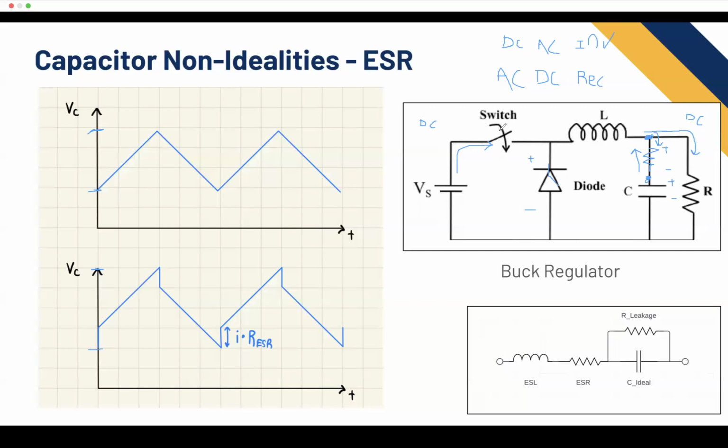And now in the next state, when this switch is open, our source is disconnected. And then that will remove the bias on our diode, and our diode will actually be conducting, because the current that was going through this inductor doesn't like that the switch just turned off.